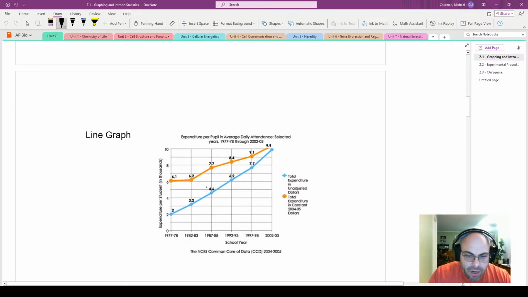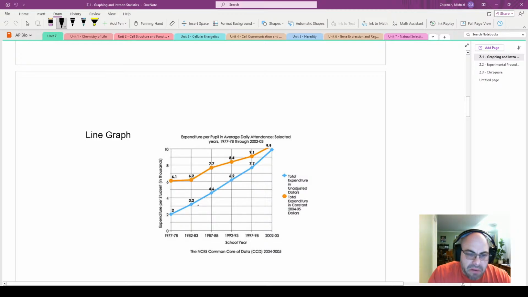And the big thing I think that I hear students making mistakes on is the type of graph as well. A line graph is going to be used a lot in science. Anytime you'd want to know, especially like these values between 6.2 and 6.7, like if I were to ask you to estimate the total expenditure in constant dollars in 1985, then you could use this graph to make that estimation.